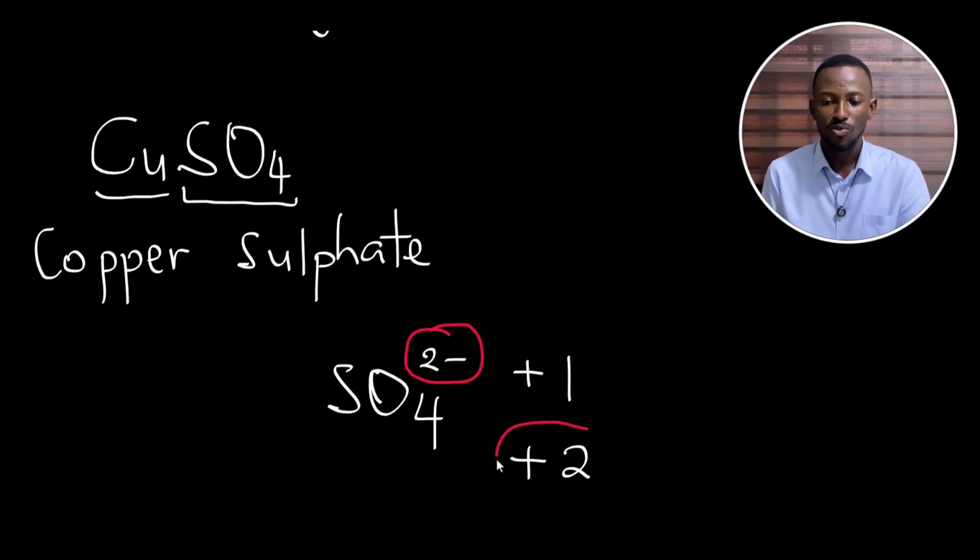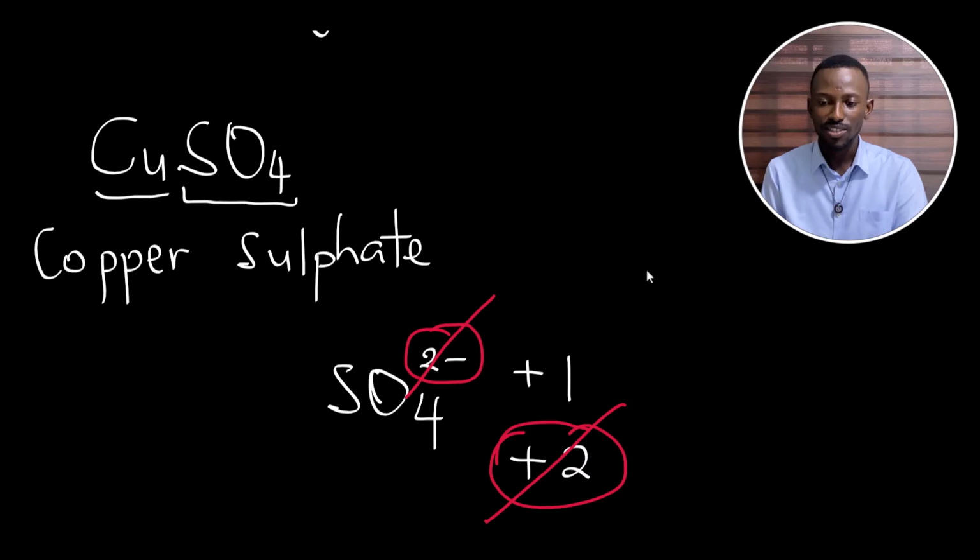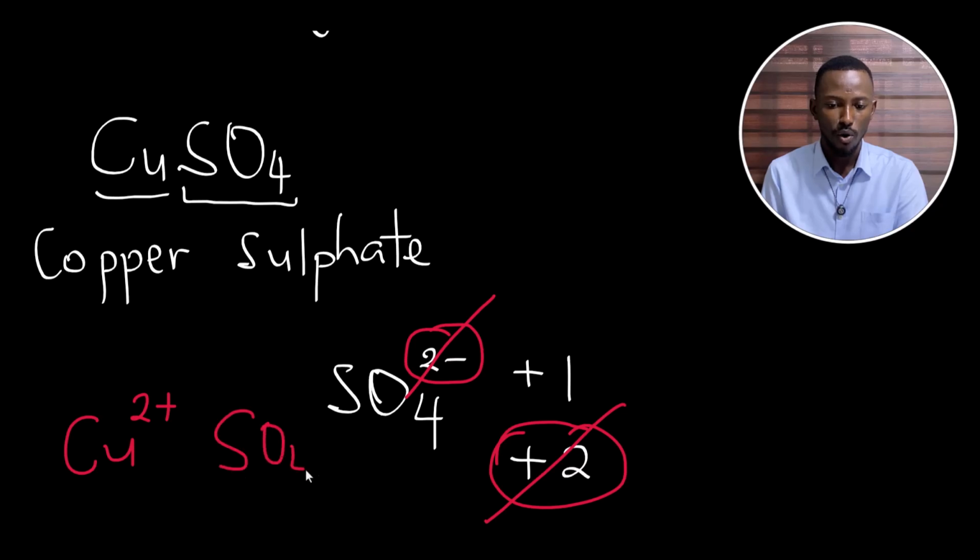Because if this copper is copper 2, the +2 cancels the -2. So it is actually something like this: Cu2+ and SO4 2-, that came together to form this compound. So the 2 positive and the 2 negative have cancelled out. So what that means is this atom is actually copper 2.